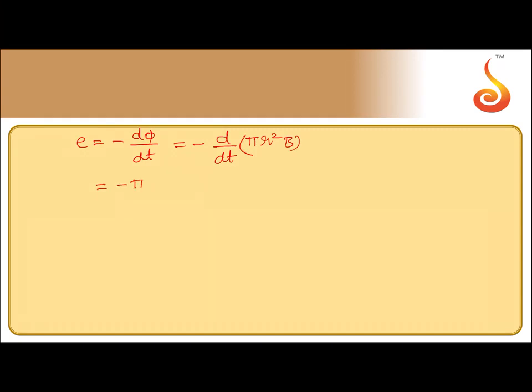Pi is also constant, minus pi B into d by dt of r square. So, d by dt of r square is 2r, so it should be minus 2r pi B into dr by dt. So, this is what we will get. So, that should be option B.